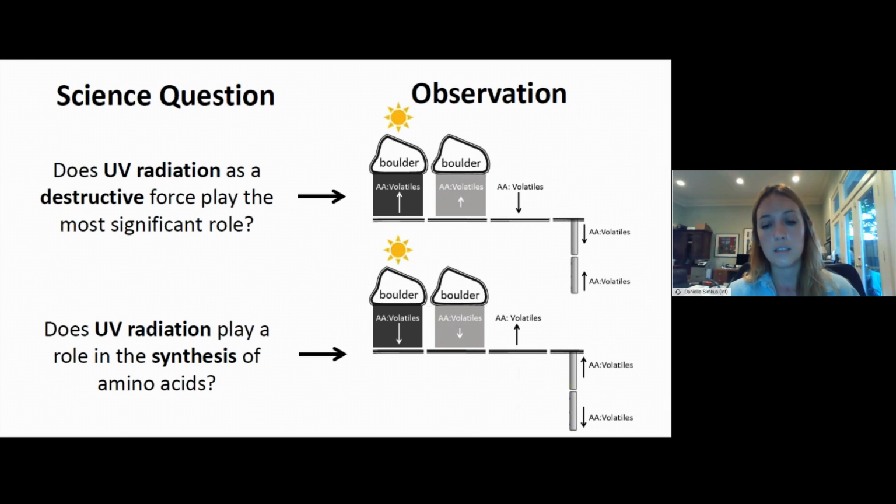In the latter case, we would expect higher ratios in areas that are exposed to UV or at the shallower depths in the regolith. Okay, next slide.